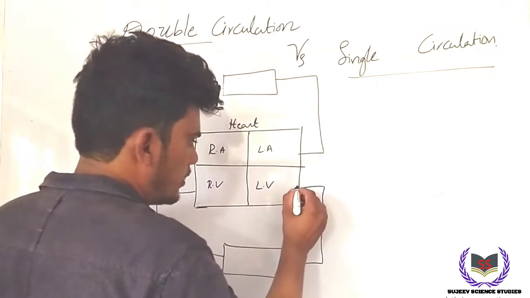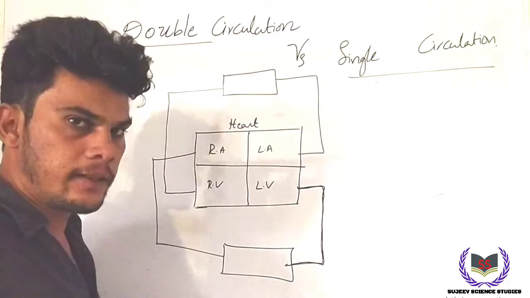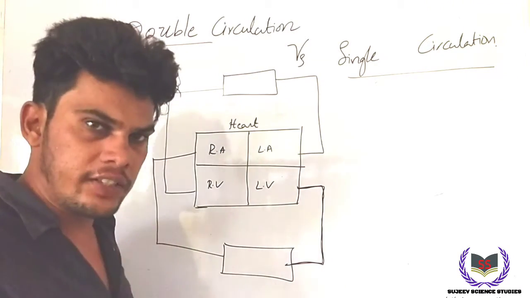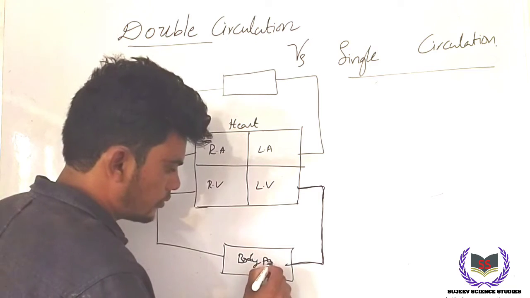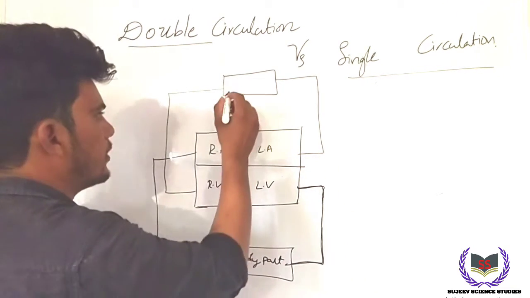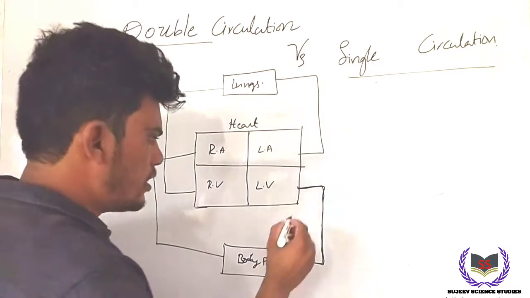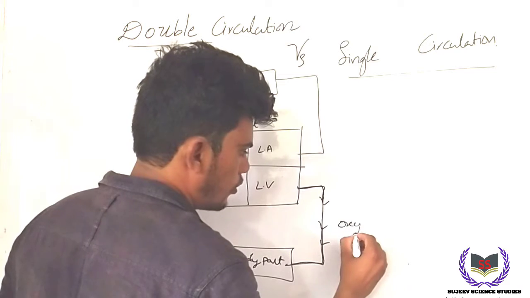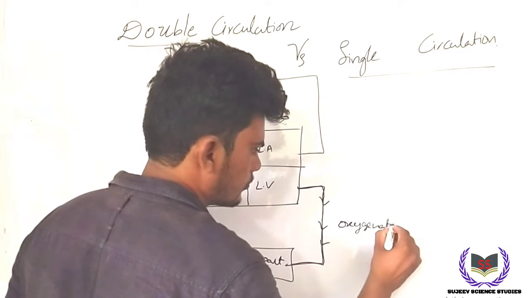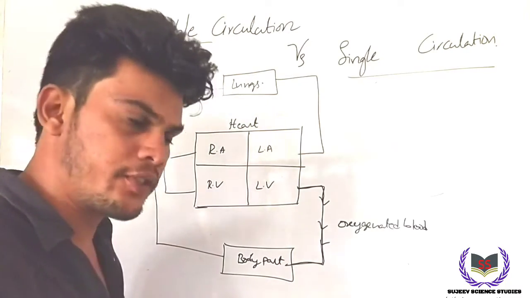Then this is the vessel which brings oxygenated blood to the body parts. This is the body part. And what about this box? It is the lungs. So this vessel carries oxygenated blood to the body parts.